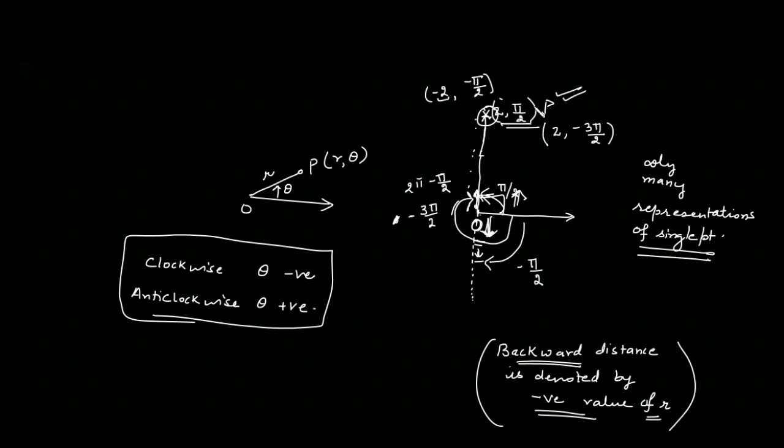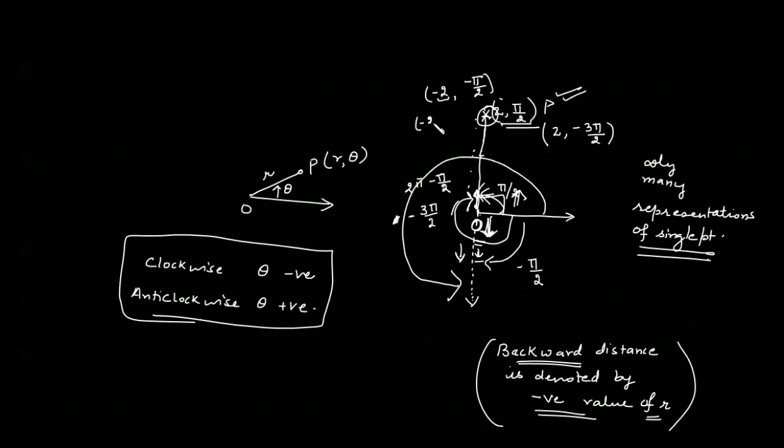Another way to reach this point is we can take this turn. Now since it is anti-clockwise and this angle is 3 pi by 2, and again our face is directed along the line minus pi by 2, if we want to reach point P, we have to cover the back distance.